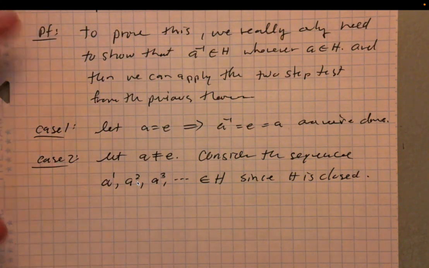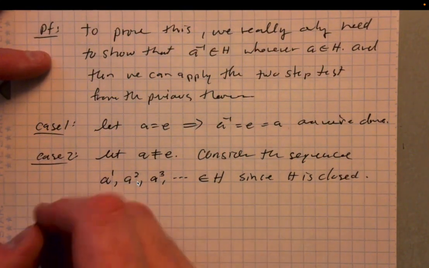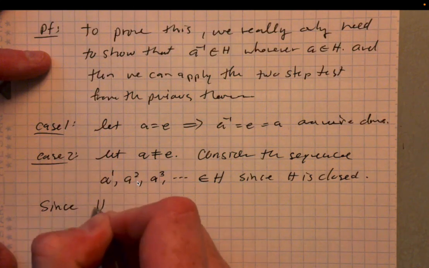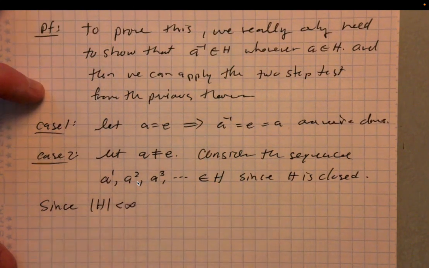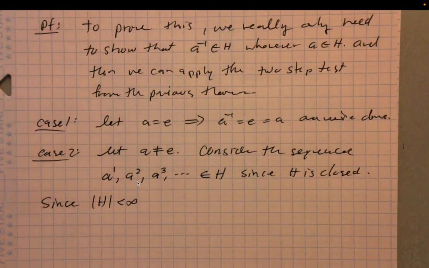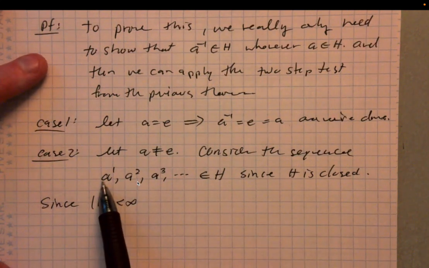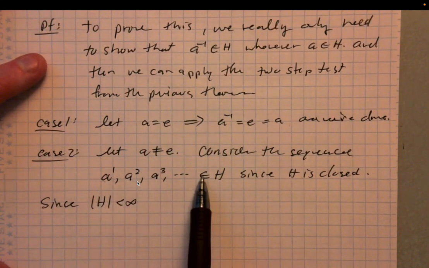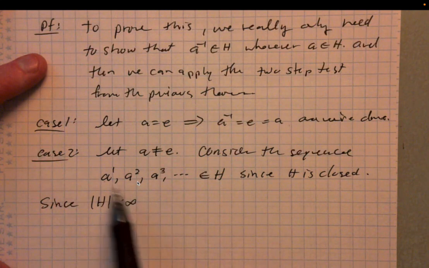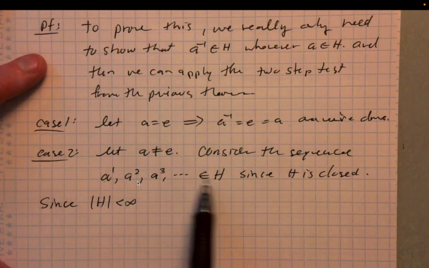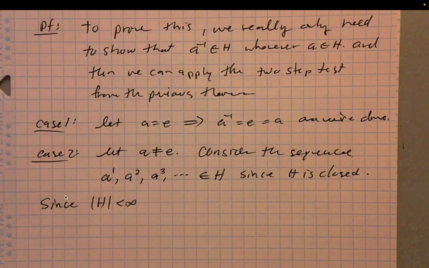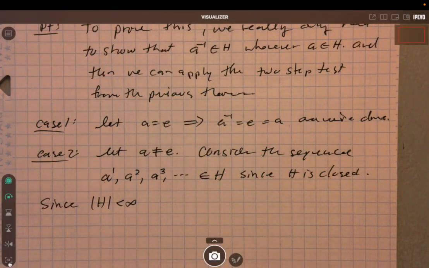And since H is finite, here's where the finite group piece comes in. Since the order of H is less than infinity, and this is obviously an infinite sequence, the sequence must necessarily start to repeat itself at some point.